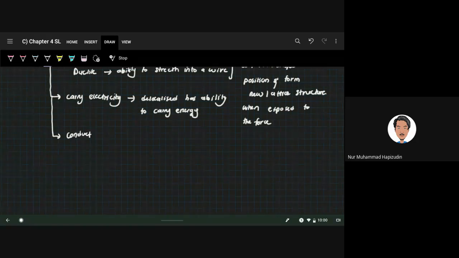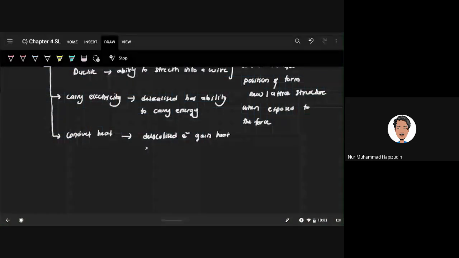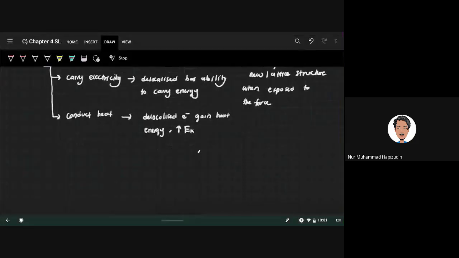Okay, same concept, can conduct heat. Kan, metal can conduct heat. Macam ni kan. Okay, the delocalized electron gains heat energy and increases kinetic energy.